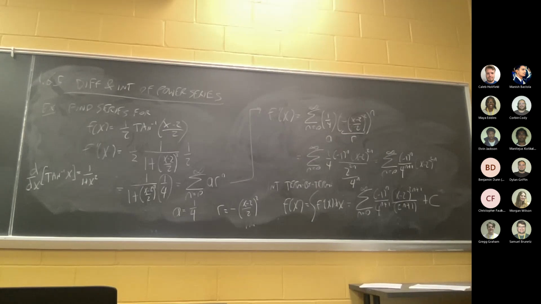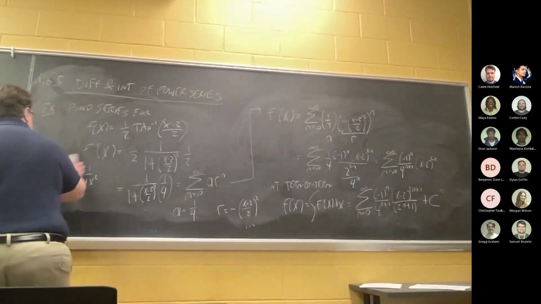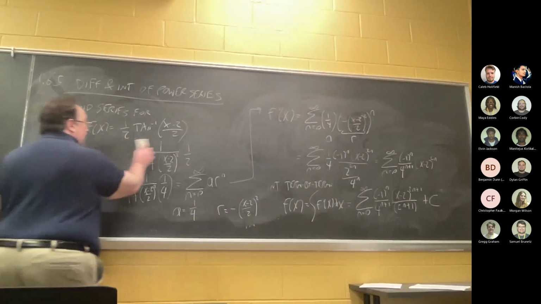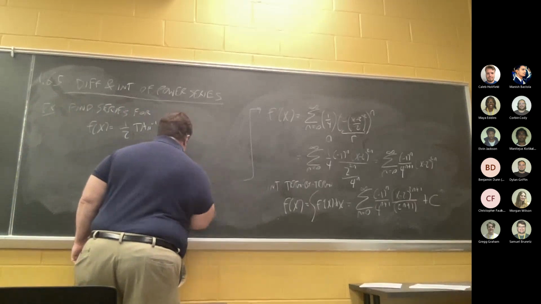So to figure out what the C is, we need to go back to the function we're trying to find a series of in the first place. Our tangent monstrosity. Yeah.